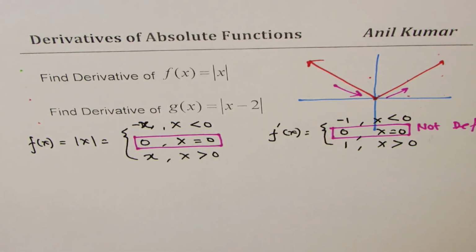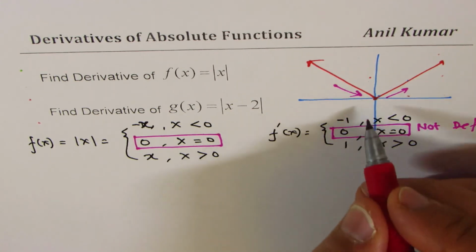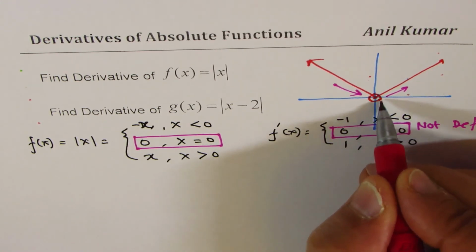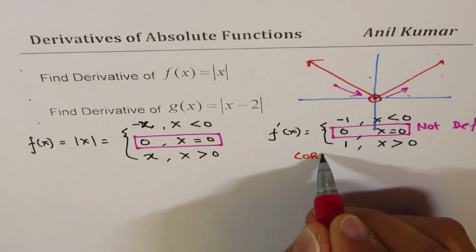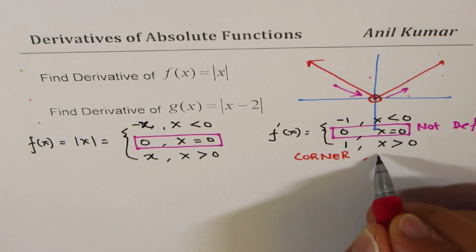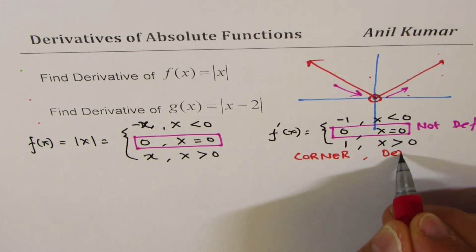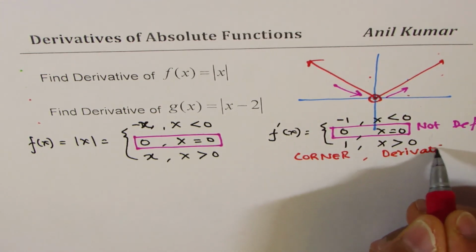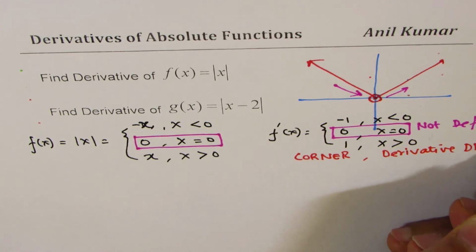Another way of looking into it is like this. Here, this point is a corner, right? And we know at a corner, derivative is not defined, right? So it does not exist, let us say.